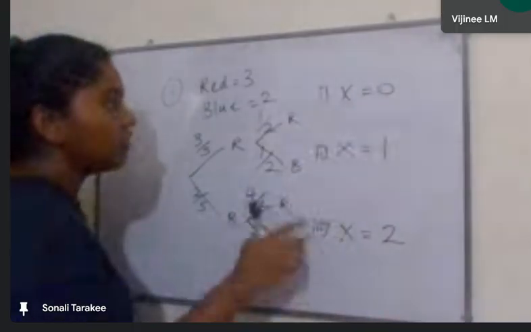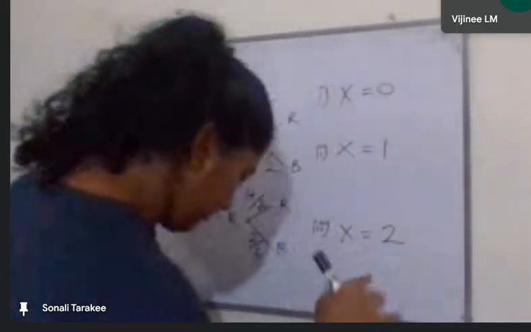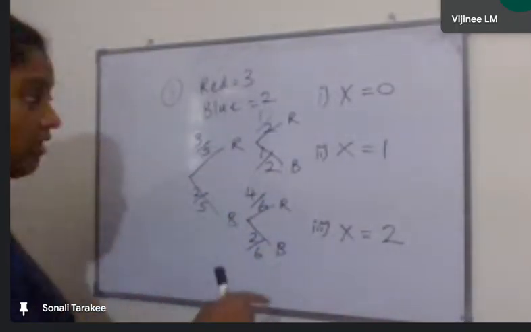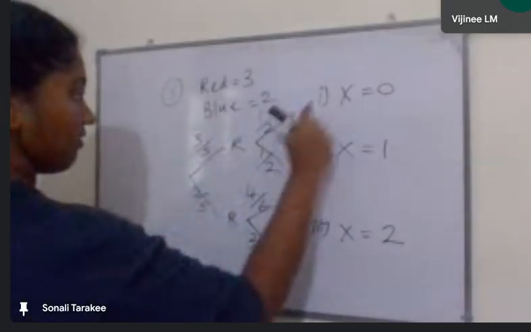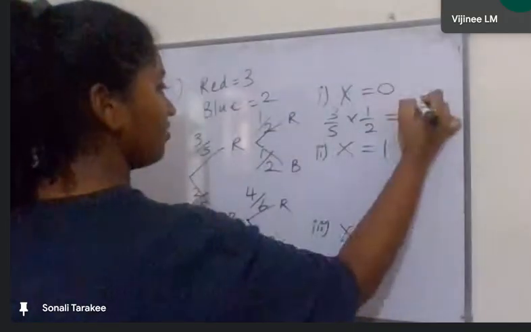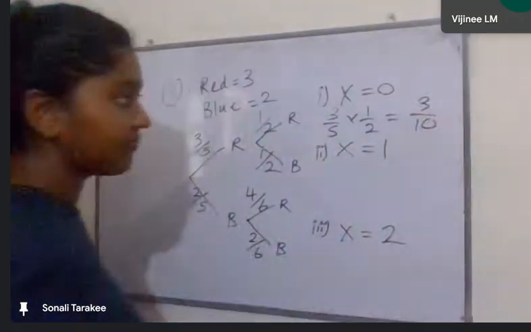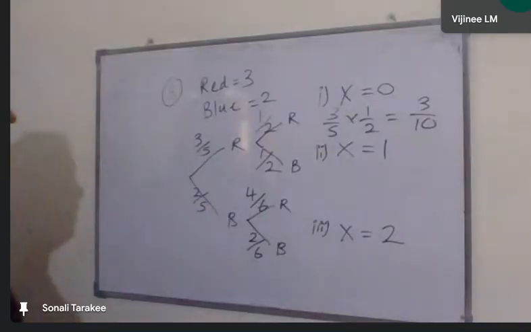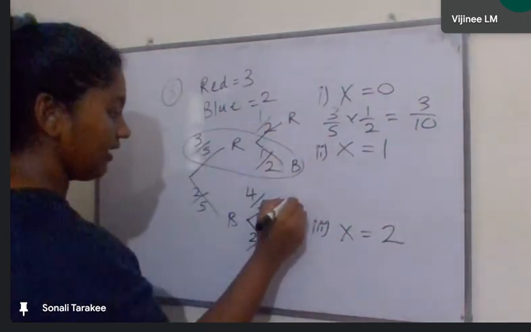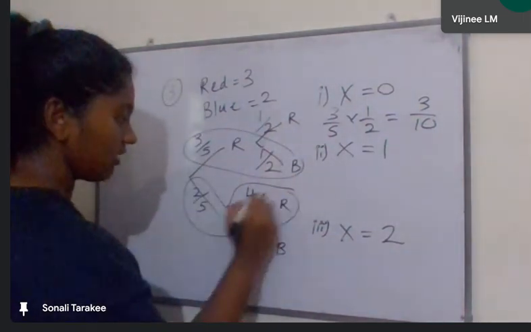When x is 0, that means no blue balls are taken, which is all the balls should be red. So this probability is what they are talking. So 3/5 into 1/2, which is 3/10. Okay. Then x equals 1. That is this probability and this probability.